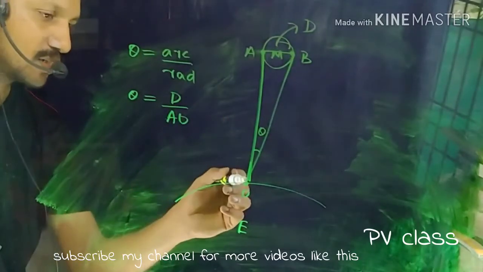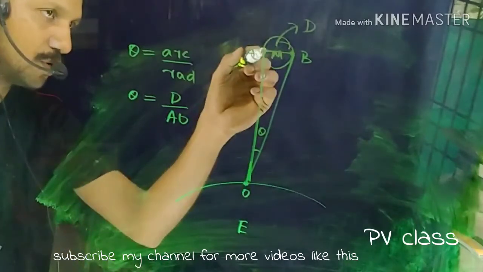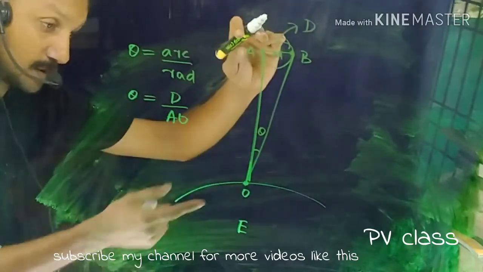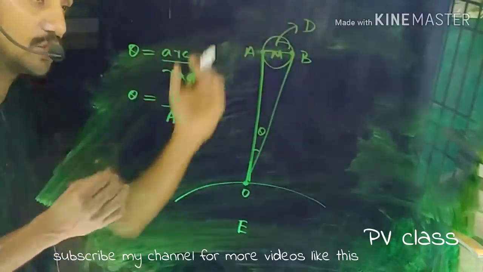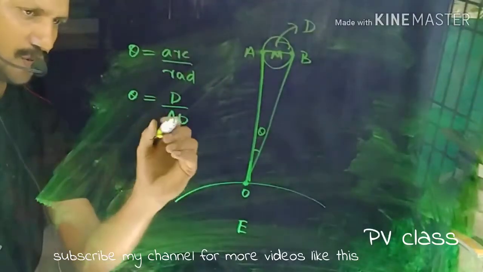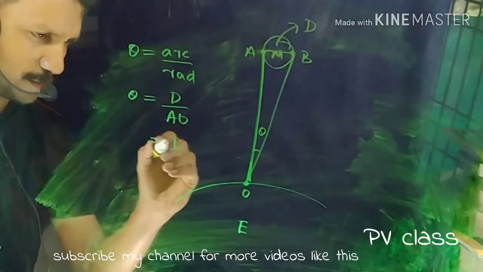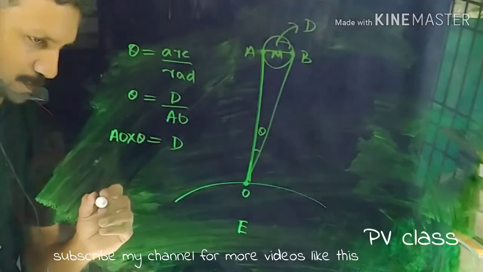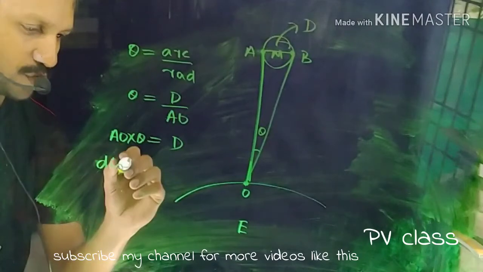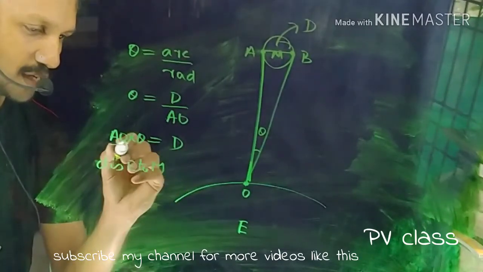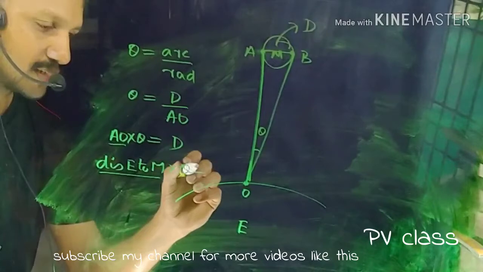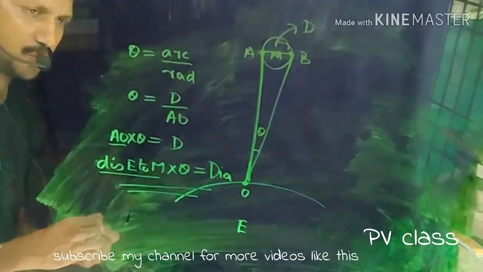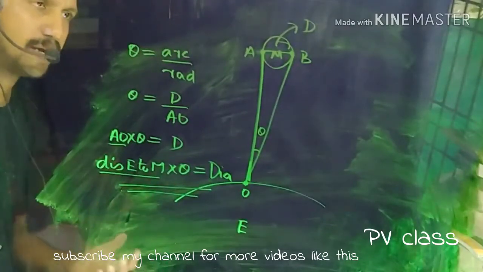It doesn't matter that the distance from Earth to this point will be approximately equal to the distance from Earth to this point, since the distance from Earth to Moon is very large compared to the diameter of the Moon. Therefore, in order to find the diameter, it is AO into theta. That is, the distance from Earth to Moon, AO, into the parallax angle will give you the diameter. This is how we find the diameter of the moon by the parallax method.